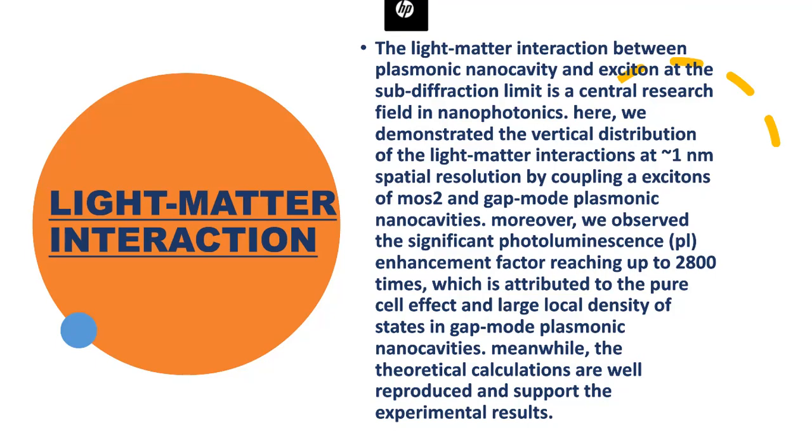Moreover, we observed a significant photoluminescence enhancement reaching up to 28,000 times, which is attributed to the Purcell effect and large local density of states in gap mode plasmonic nanocavities. Meanwhile, the theoretical calculations are well reproduced and support the experimental results.